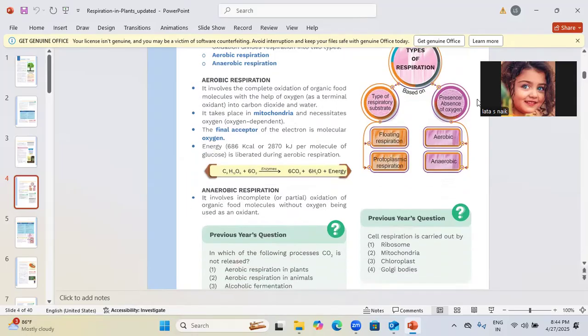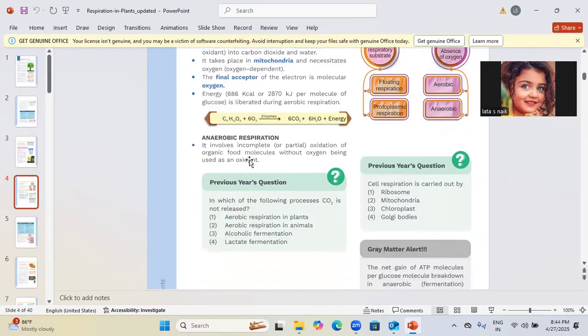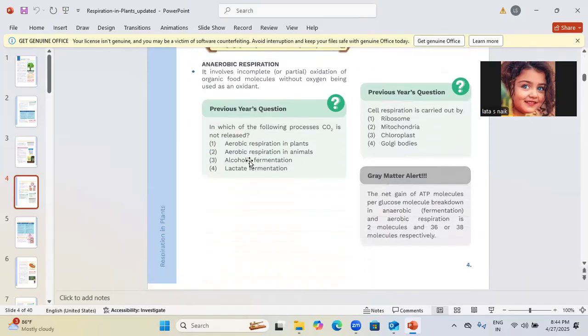So the energy liberated during aerobic respiration is 686 kilocalories or 2870 kilojoules per molecule of glucose. Anaerobic respiration involves incomplete or partial oxidation of organic food molecules without oxygen being used as an oxidant.